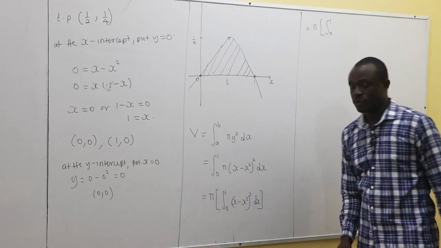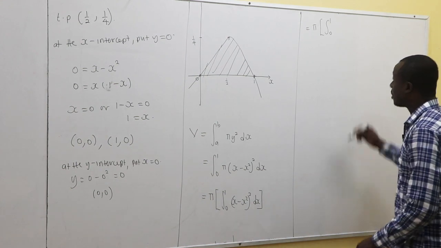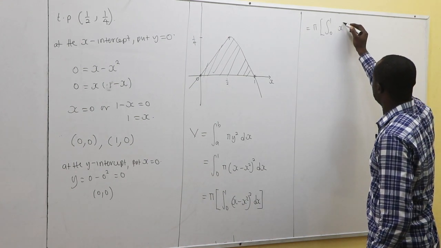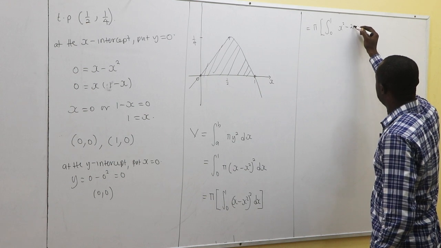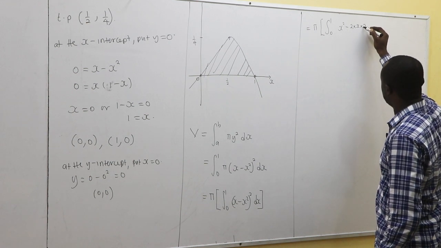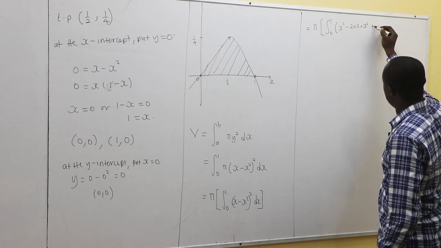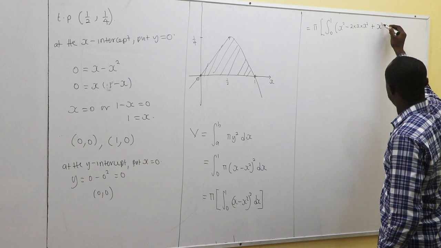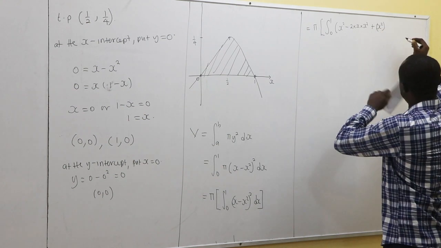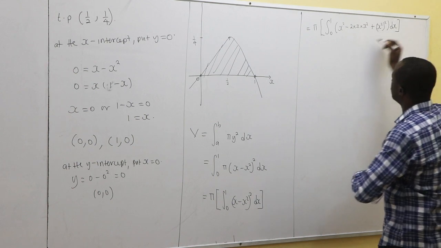Now when you expand this, what do you get? a squared, so that would be x squared, minus 2ab. a is x, b is x squared, plus (x squared) squared. We have our dx.